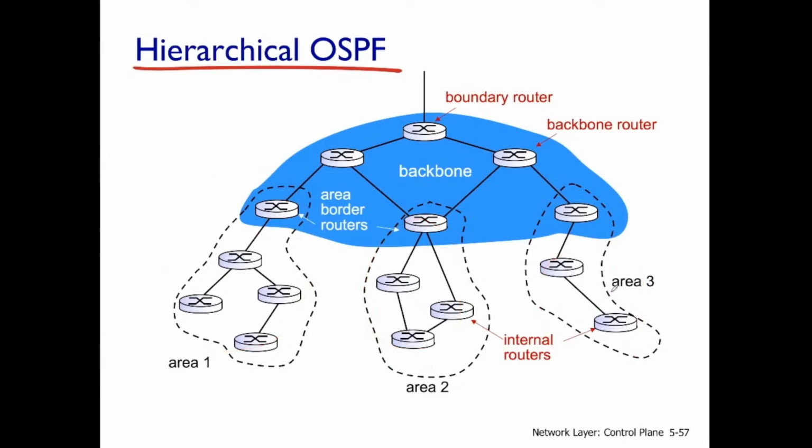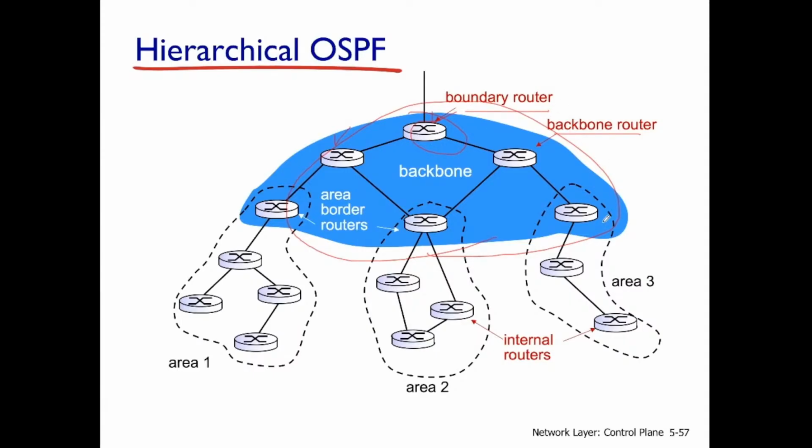Then at the higher level, in the backbone of this AS, we could also have multiple routers configured. These are called the backbone routers in general. Some of these backbone routers might be at the border of the AS; they are also the boundary routers.